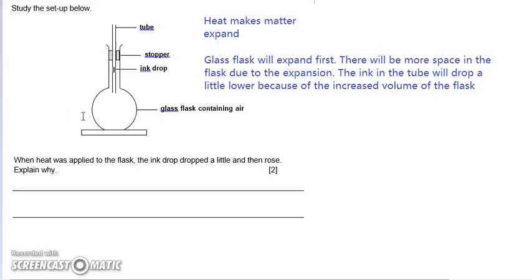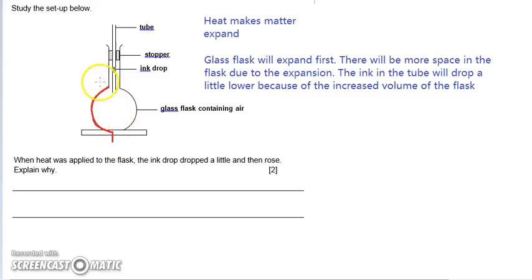And when that happens, when the glass is also heated up, the air inside here will also heat up because the heat travels from the flame. Imagine the flame is below the glass flask. Again, one more time, the flame or heat spot will move into the glass flask, heating the glass flask up.